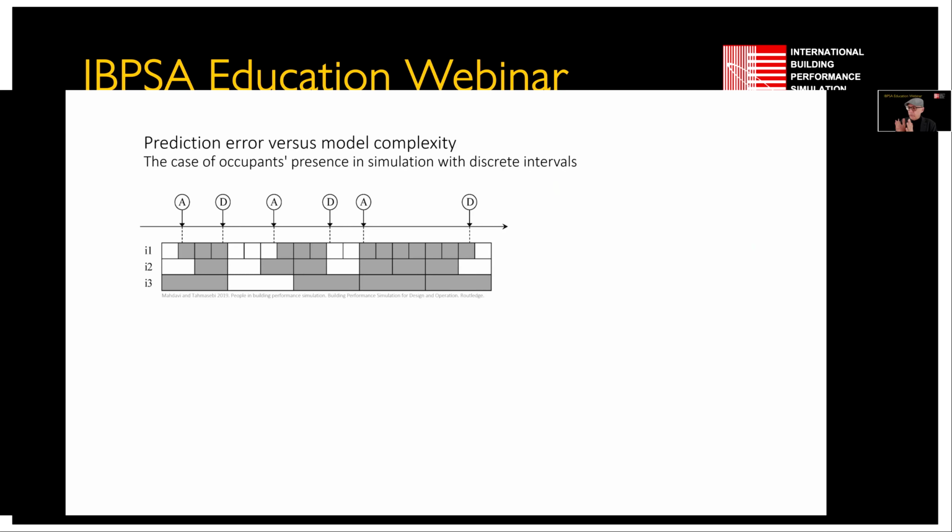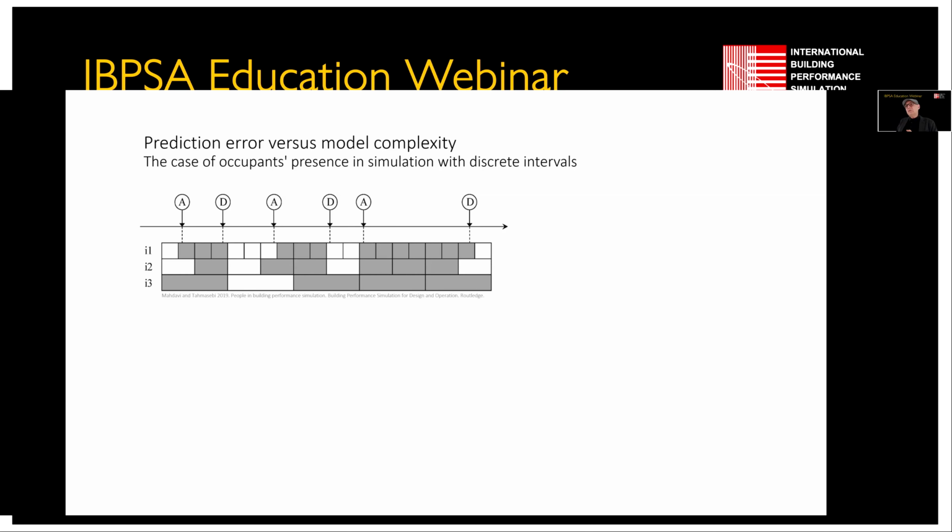Now, when we're talking about matching scenarios with the way we go about generating the models, it may be useful to think about a very simple case, the impact of the resolution. So the decisions that we make about the size of the intervals in time and the size of the elements in space.